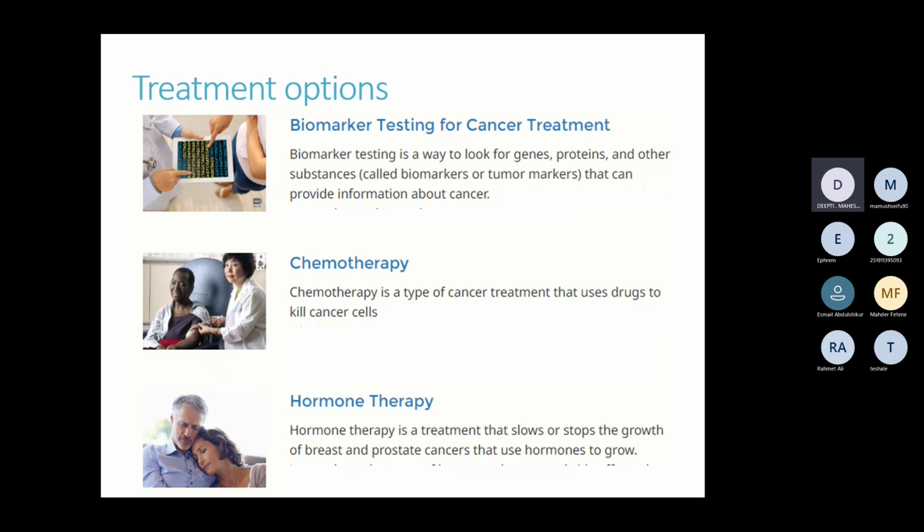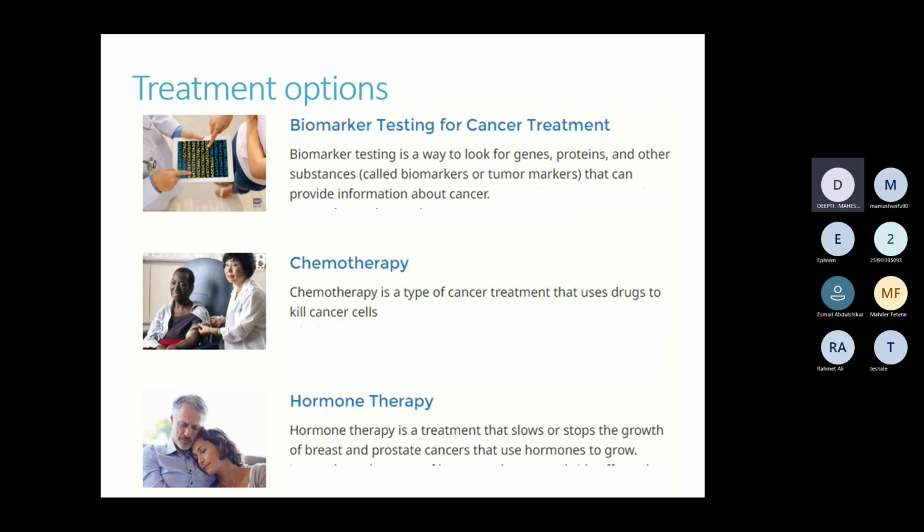Chemotherapy I've explained to you. Then you have the hormonal therapy. Hormonal therapy is basically you're giving a hormonal drug to the patient. Generally, they are given for breast cancer and prostate cancer, because these types of cancers grow fast or grow well in the presence of hormones, right?